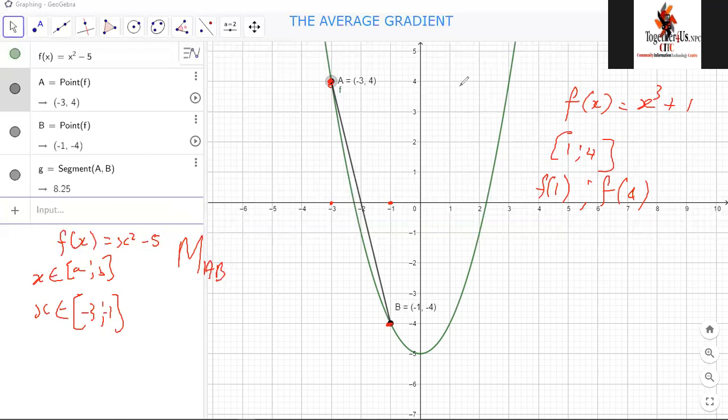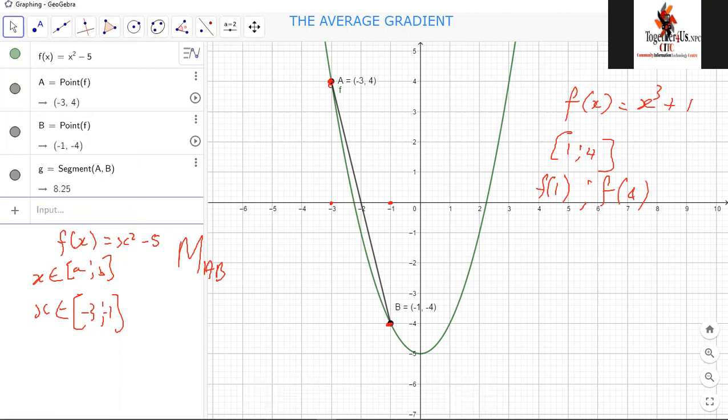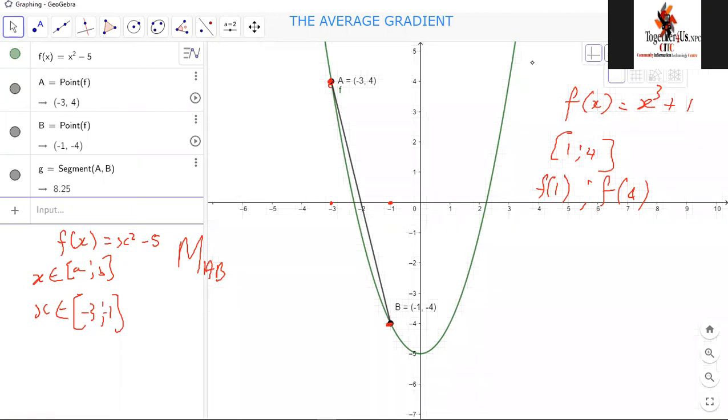In finding the gradient AB, it was always change in y over change in x.